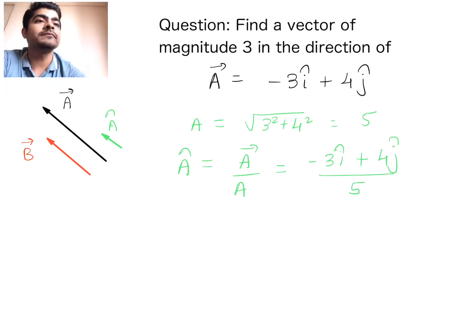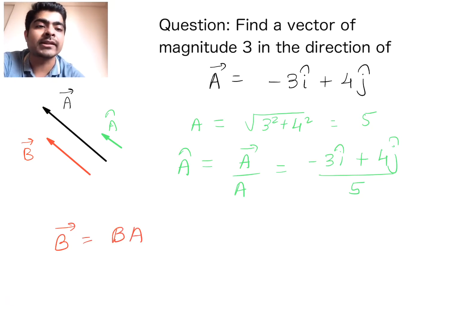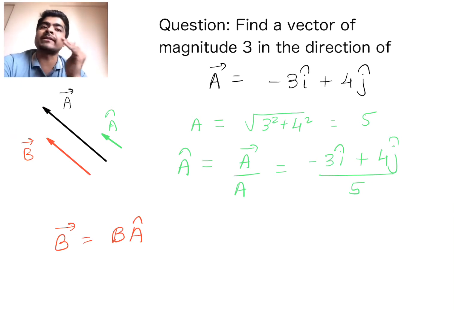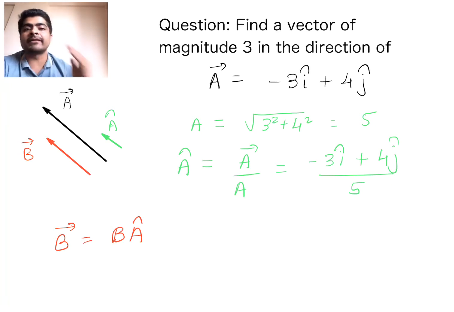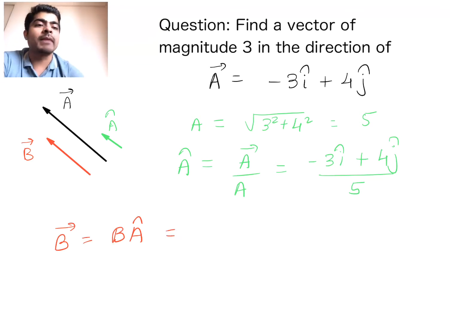That's very easy. Now b vector will be given by magnitude b into direction a cap. B vector is parallel to a cap. So b vector is b times a cap. a cap is giving you direction and we are multiplying it by the magnitude. So magnitude of b vector is how much? 3.